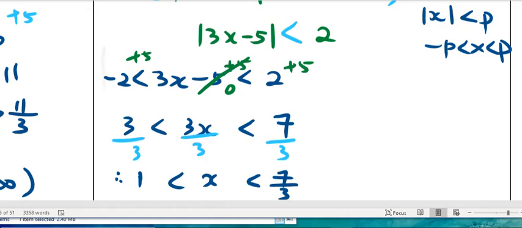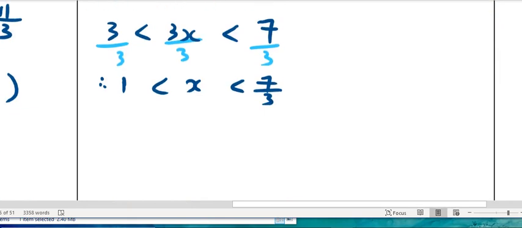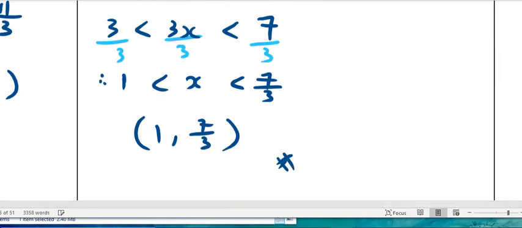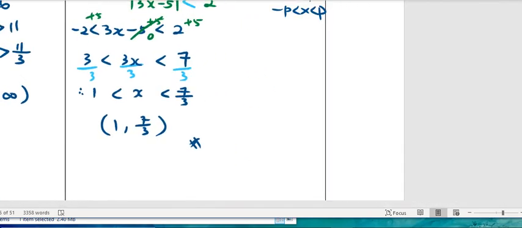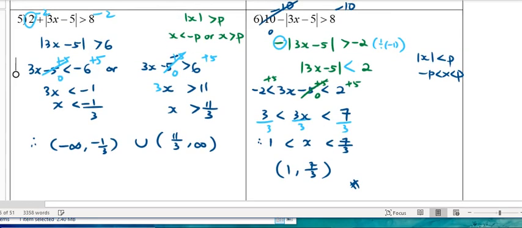And don't forget to have your interval notation. So that's the answer for 5 and 6.